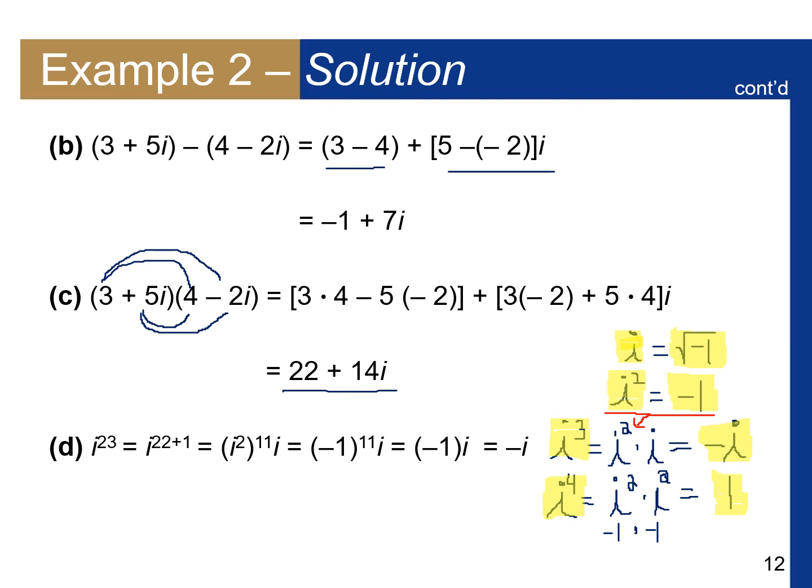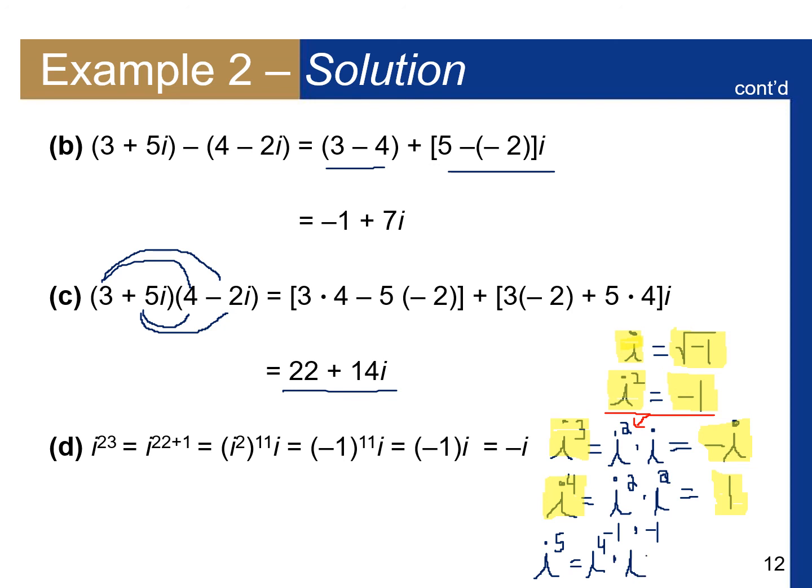Now guess what's going to happen if you look at i to the 5th? i to the 5th is going to equal i to the 4th times i.